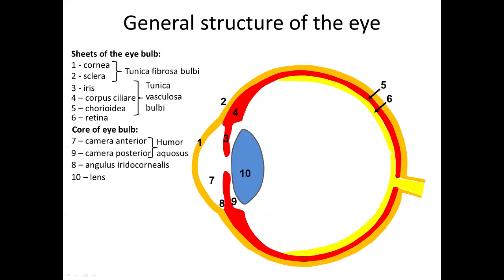So exactly on retina the waves of light should be focused, and the lens plays this role. It concentrates all the waves in one place in retina.